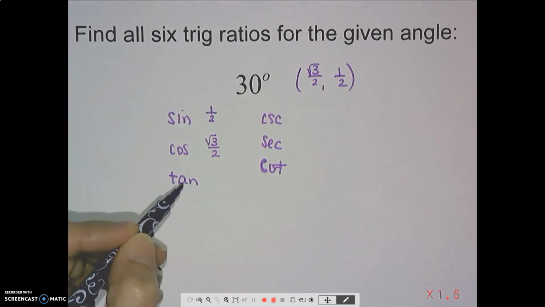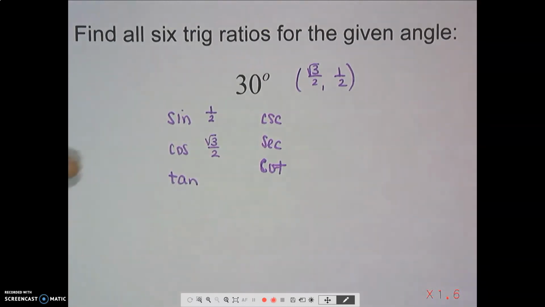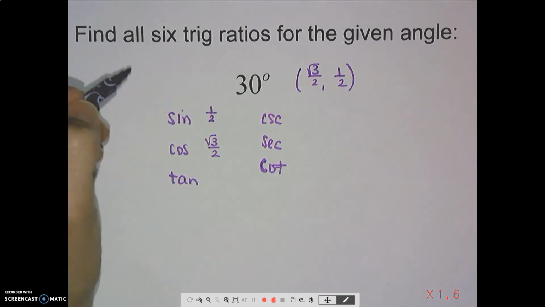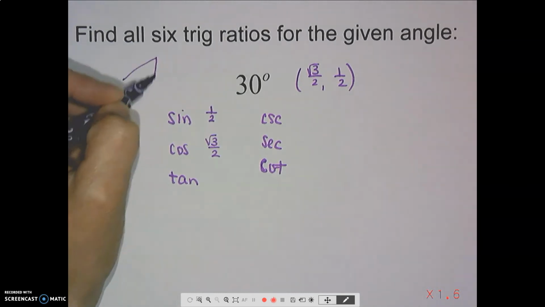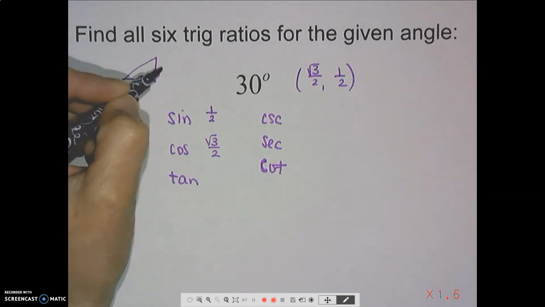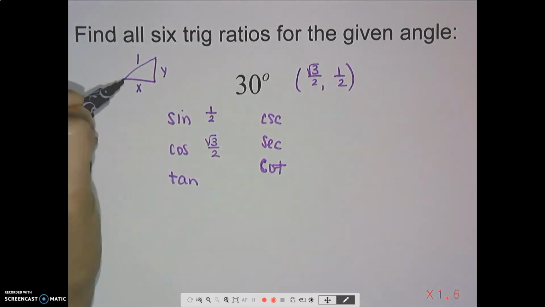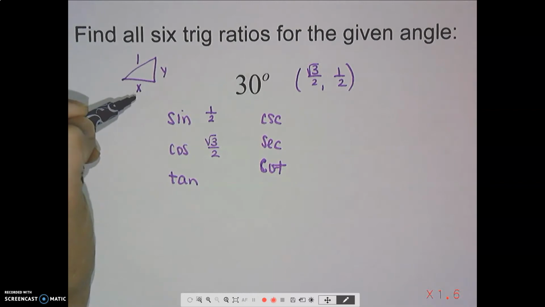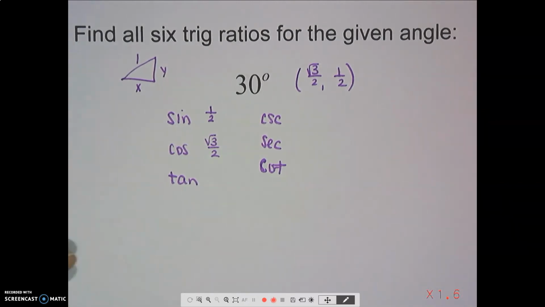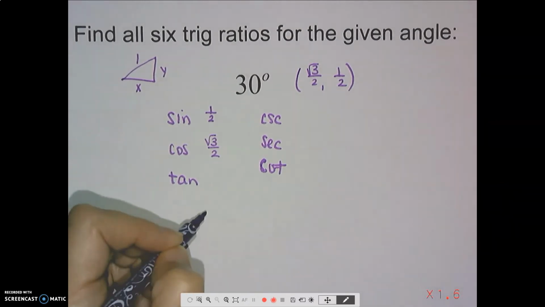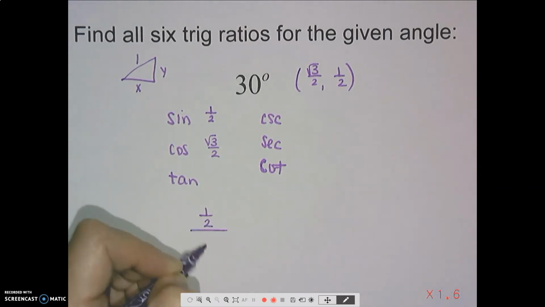Now, tangent is the y over the x, okay? The y over the x, because if you're looking at your triangle, this would be your y over here, this is your x, and this is your hypotenuse of 1. So with this, our tangent is going to be the y divided by the x.